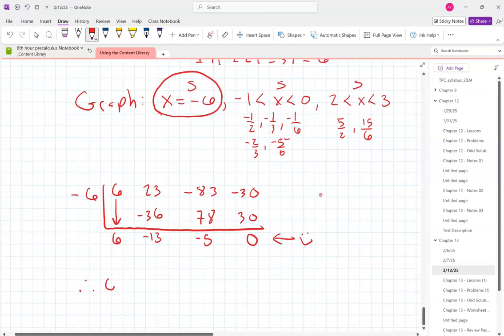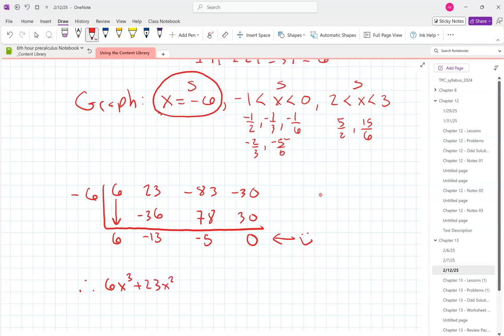So what I can say is that this polynomial, x cubed plus 23x squared minus 83x minus 30, is going to equal x plus 6, because this gave me a remainder 0, I know it's a factor, times 6x squared minus 13x minus 5.